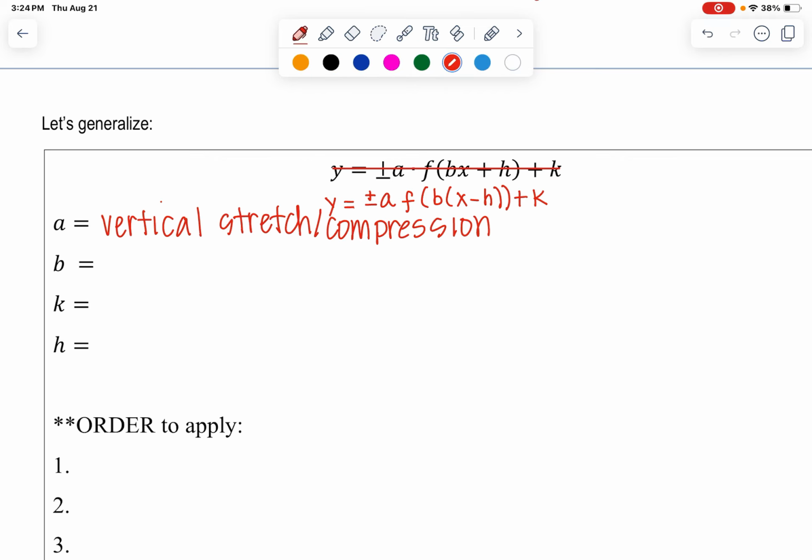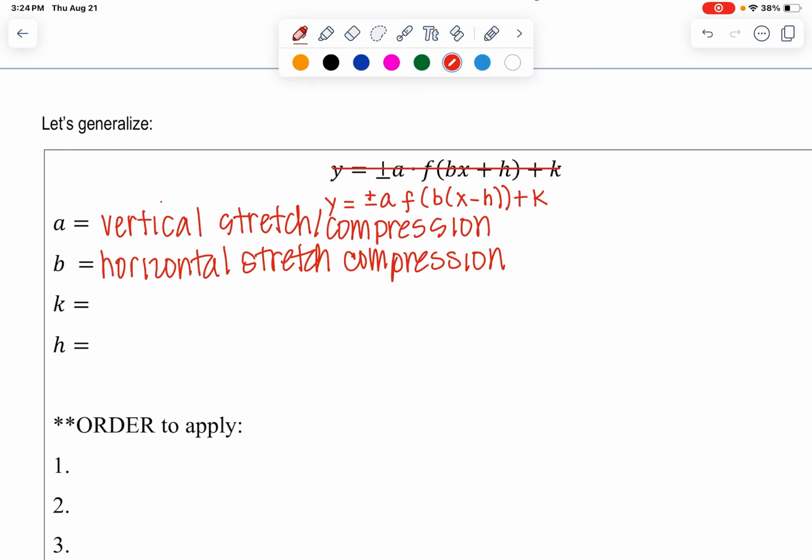That is a horizontal stretch or compression. It would also, if it was negative, be a reflection too. So same thing for A, that's where you look for your reflection also.